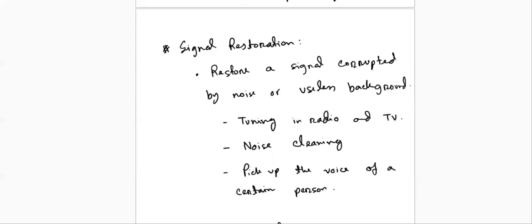Signal restoration. One example: restore a signal corrupted by noise and useless background. You want to restore the signal back. You have your original signal and some noise over it, so it is corrupted by the noise.